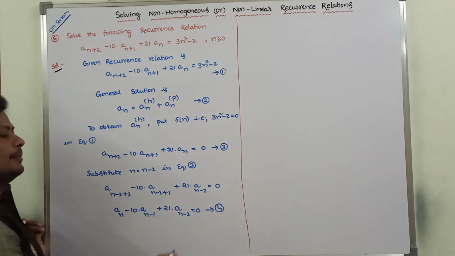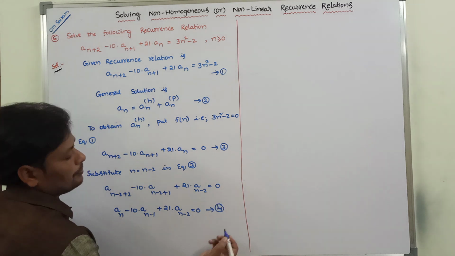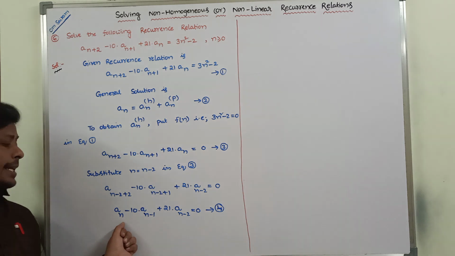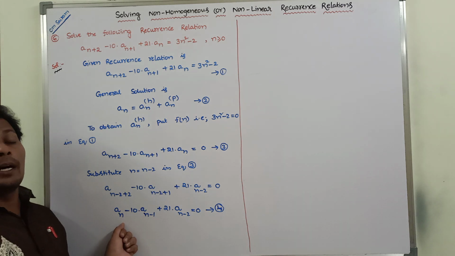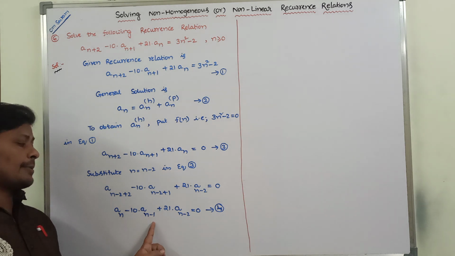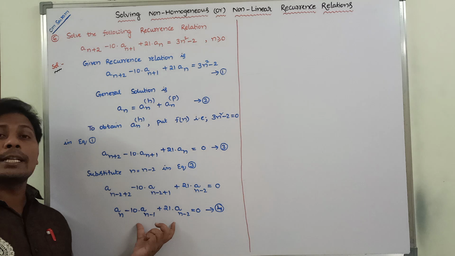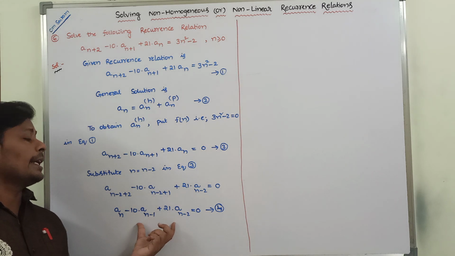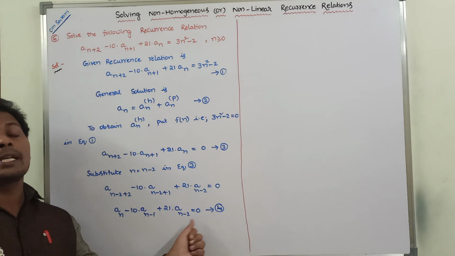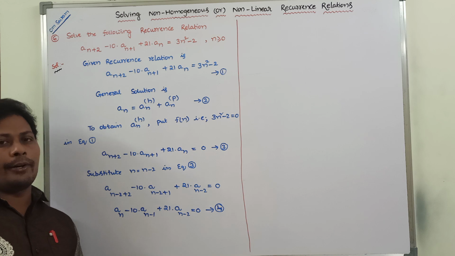Next, this is in the form of a second order recurrence relation, with n term, n minus 1 term, and n minus 2 term. These three terms show that the given recurrence relation 4 is of second order.